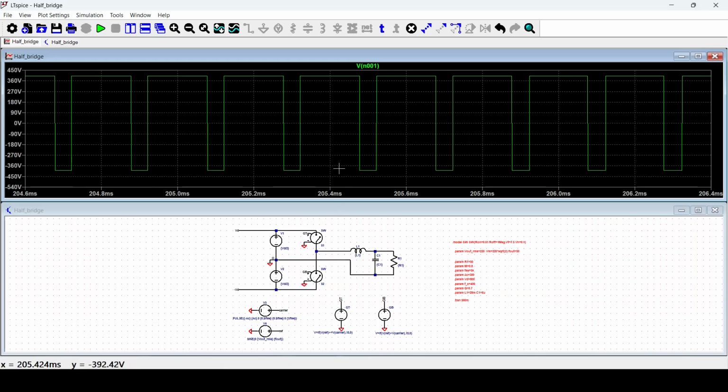So now we would like to use the fast Fourier transform to see effectively the harmonic content of this circuit. And what do we expect? We expect a first cluster of harmonics at around 5 kHz, which is the switching frequency. As I told you in the previous video, we know that for an inverter the first cluster of harmonics is always at the switching frequency.